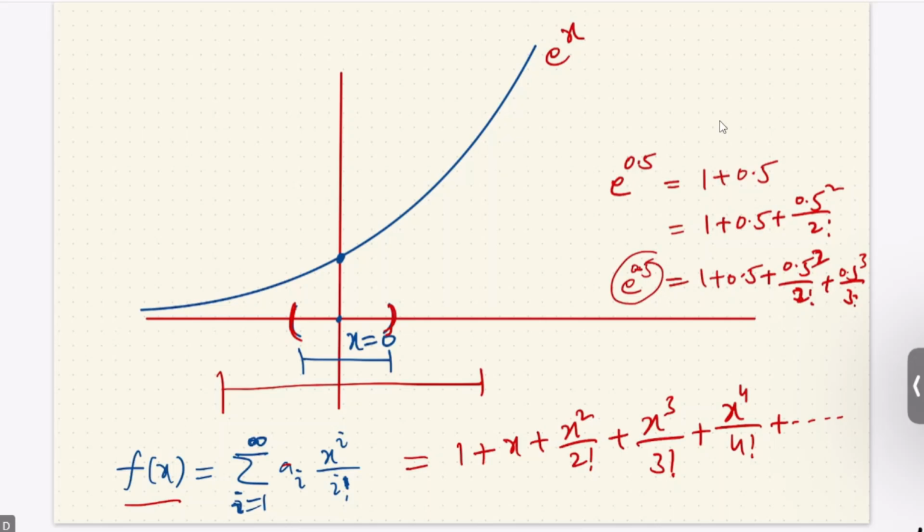As many terms as you go ahead, you are enlarging this capacity. The enlarging capacity comes from how many terms you are keeping.